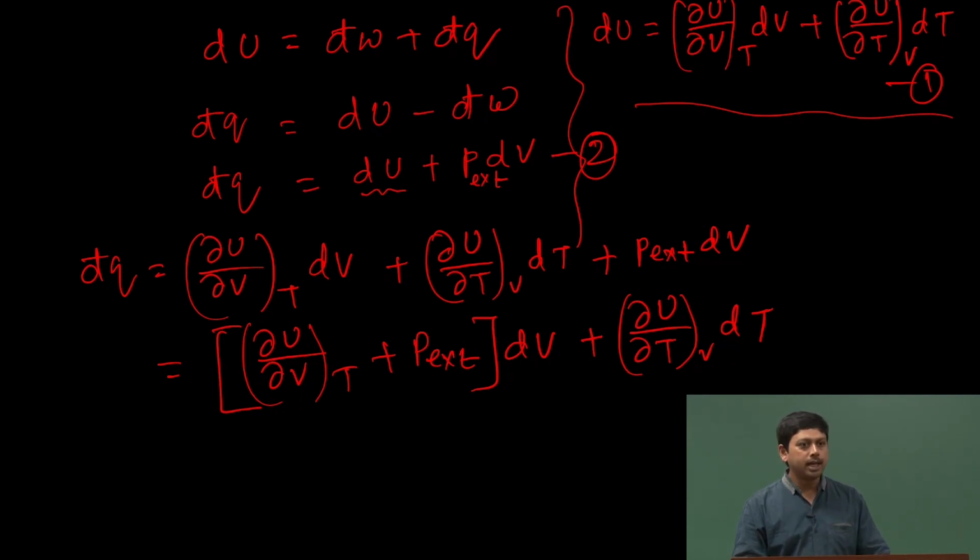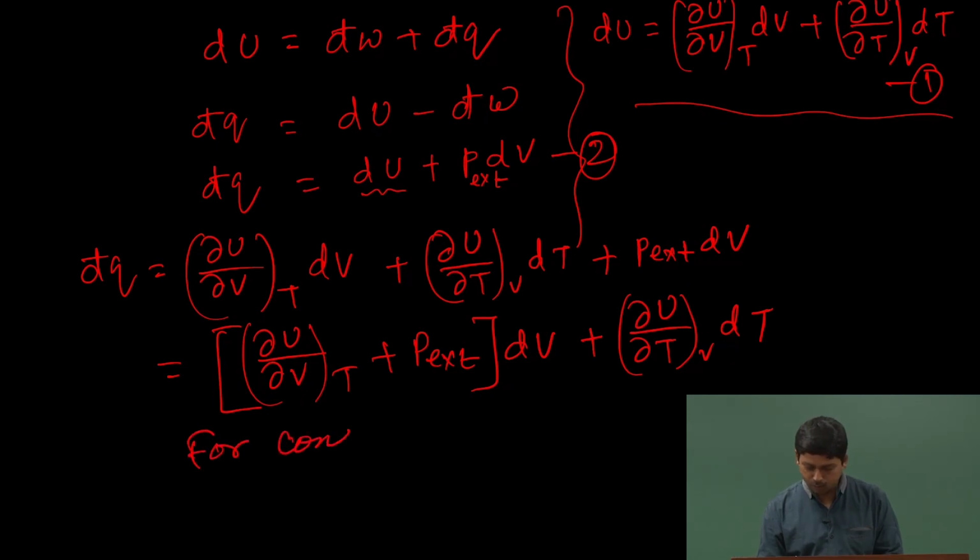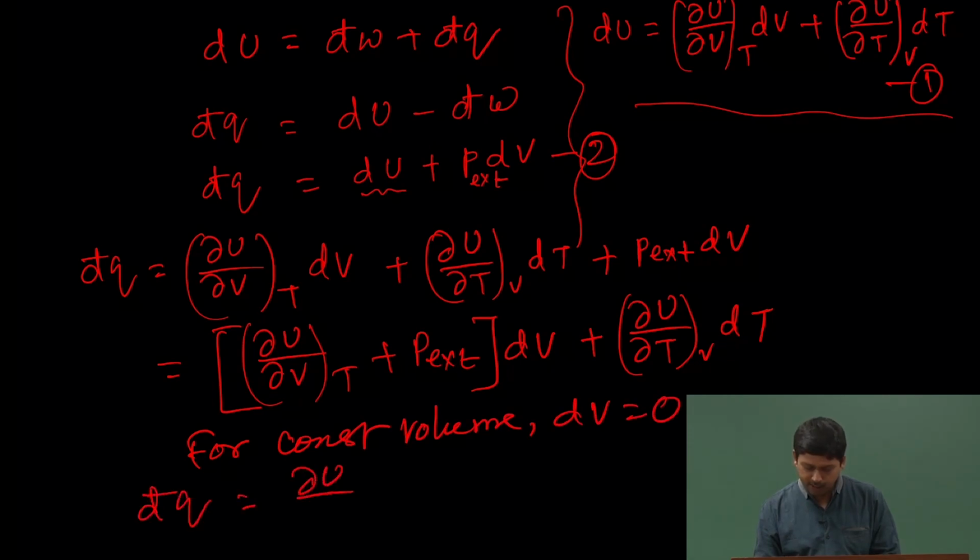Constant volume means V has not changed, so dV is going to be 0. Therefore, for constant volume, dQ equals del U by del T at constant V dT.